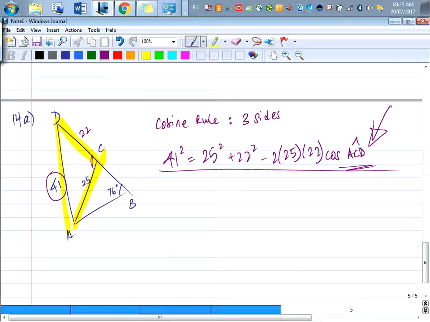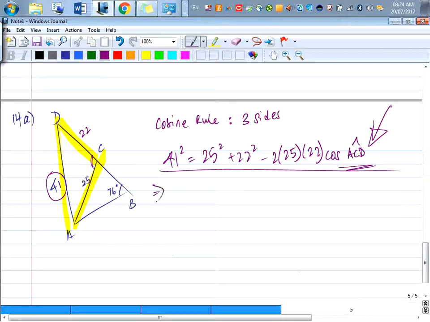Yes, Francis? Say again? Yes, you can, because it is a formula given on page 74. They told you that, hey, you can use cosine A equals to B squared plus C squared minus A squared over 2BC. Yeah, you can. You mean you want me to show you how to continue? Okay, let me show you.